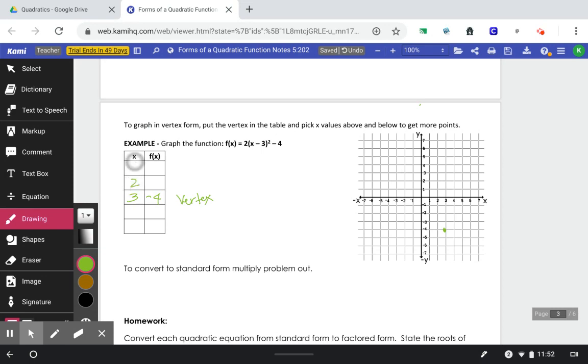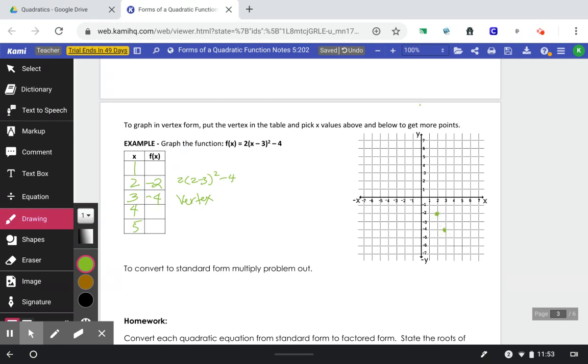All right, let's do 2, 1, 4, and 5. Let's just plug these in. 2 times 2 minus 3 squared minus 4. So 2 minus 3 is -1. -1 squared is 1. 2 times 1 is 2. And 2 minus 4 is -2. So I can plot the point 2, -2.